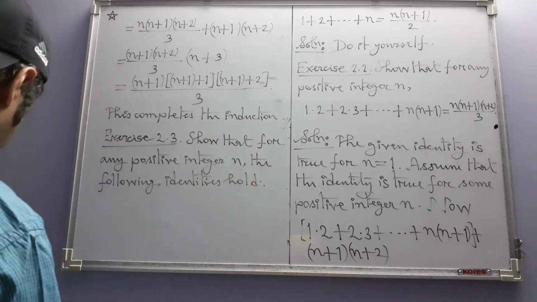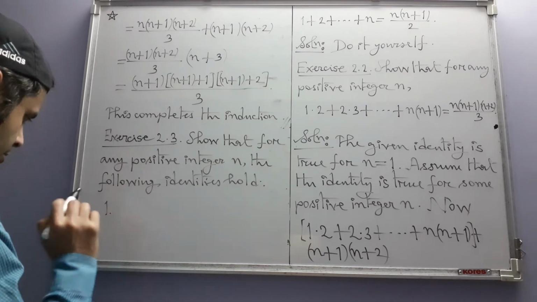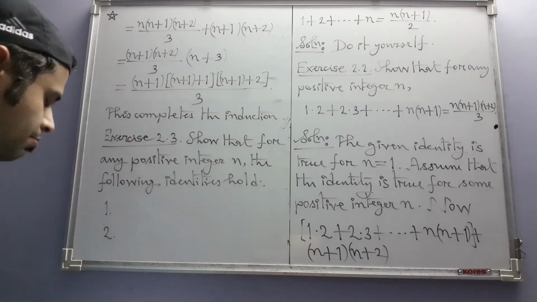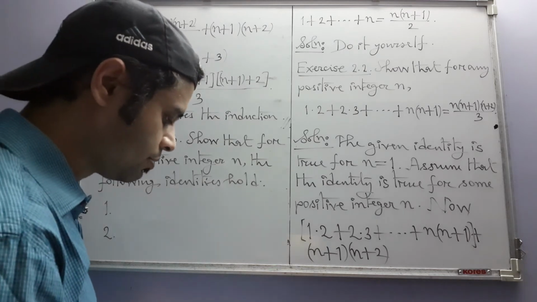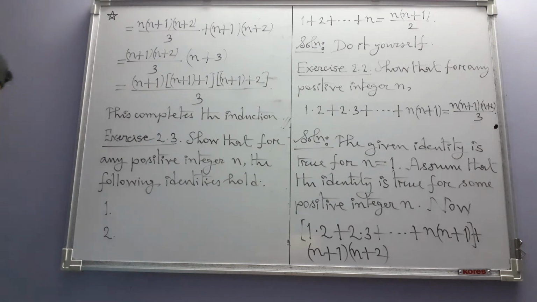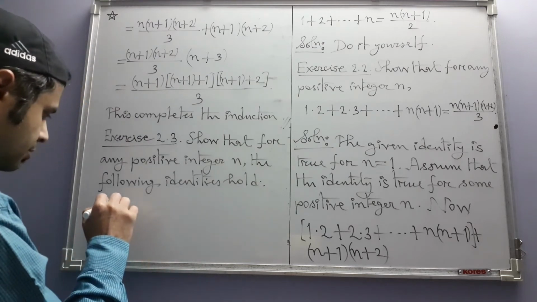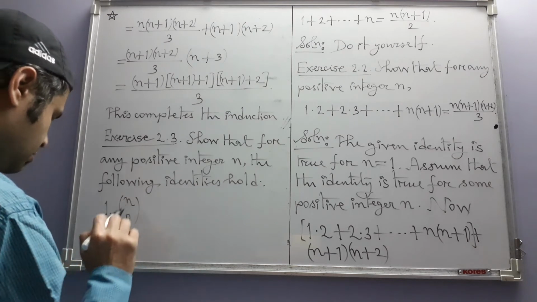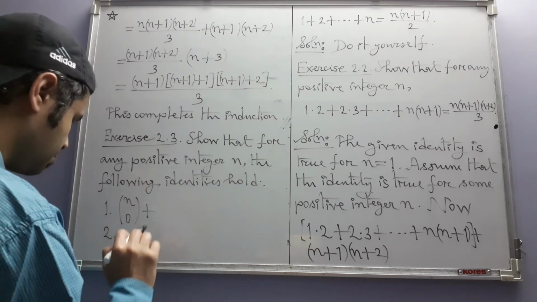And these are the identities. This time, because of the presence of binomial coefficients, we are going to use the binomial theorem to prove them, not induction. Induction is a powerful technique, but sometimes not using induction is smart.